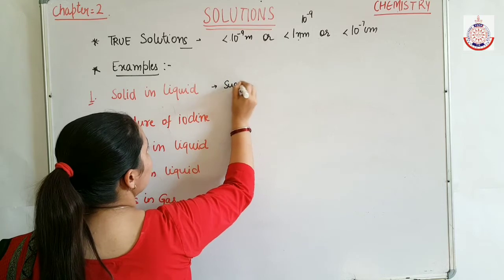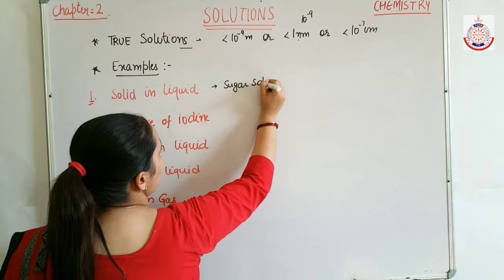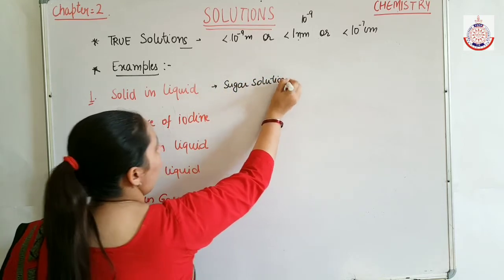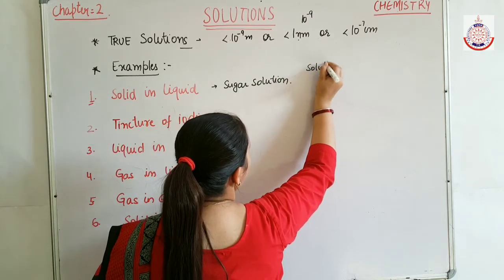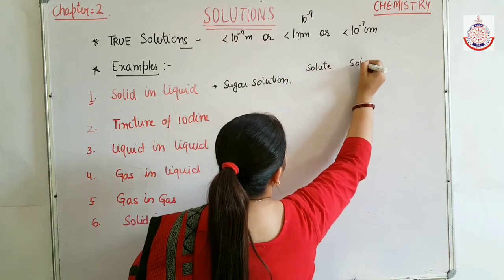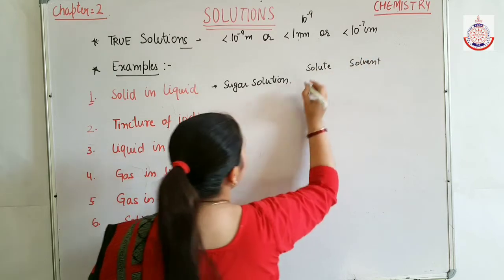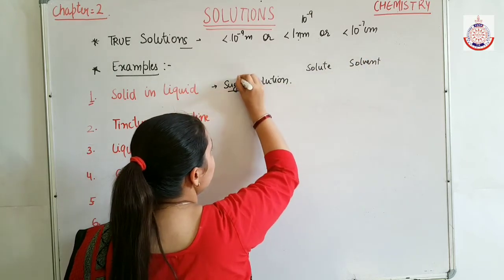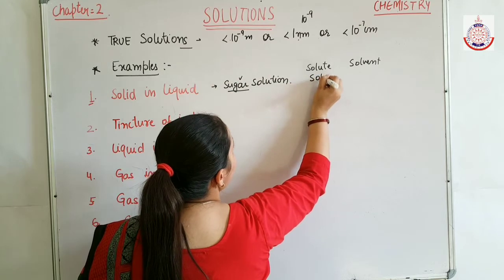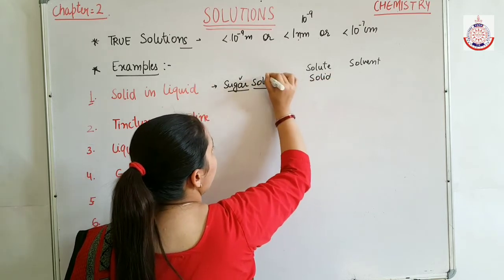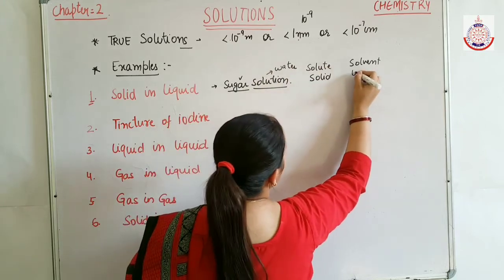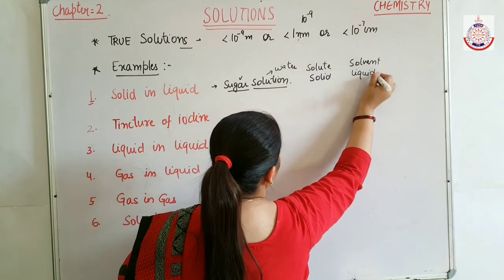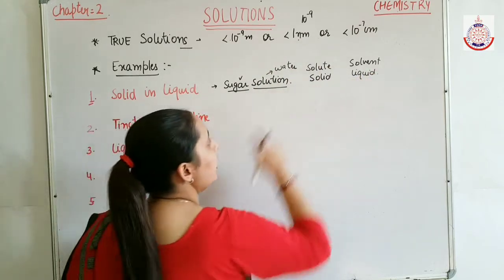You can see the example of sugar solution, in which I write the solute and the solvent. Here the solute is sugar, which is solid, and it is dissolved in water. So the solvent is liquid. So it will be a solid and liquid solution.